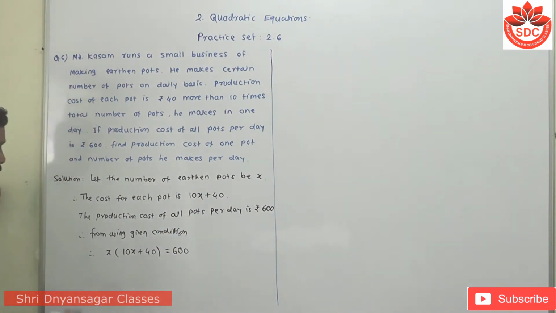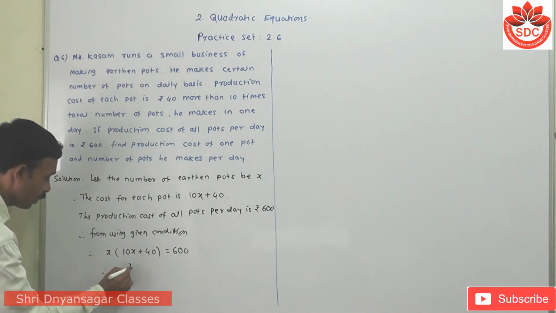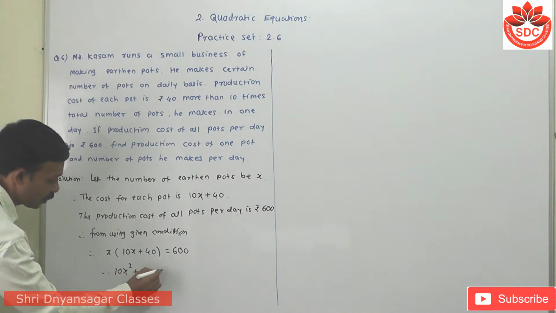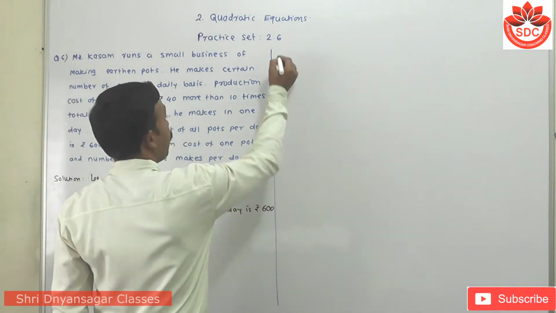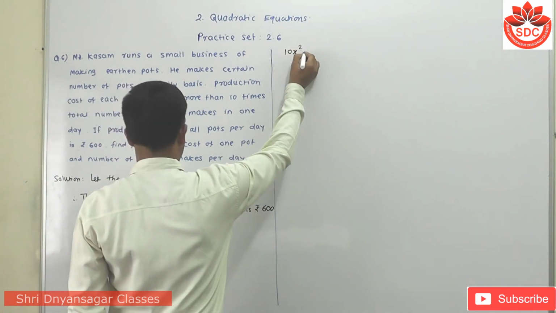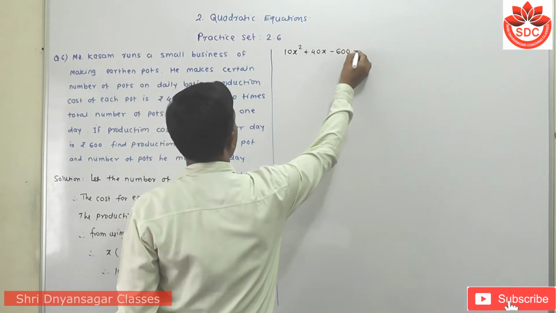Then students, we multiply this x to the whole bracket, we get 10x square plus 40x is equal to 600. Transpose this 600 to this side, we get 10x square plus 40x minus 600 is equal to 0.